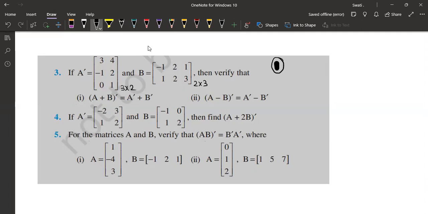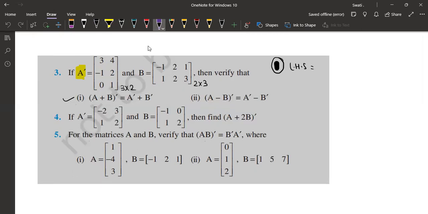Now we need to verify the following. So first one is on the LHS, we have (A plus B) transpose. So first, we need to add A and B, right? But here there is one thing I want you to notice, that here it is A transpose given, it is not A. From this A transpose, we will find out A first, and then we will verify this LHS and RHS.